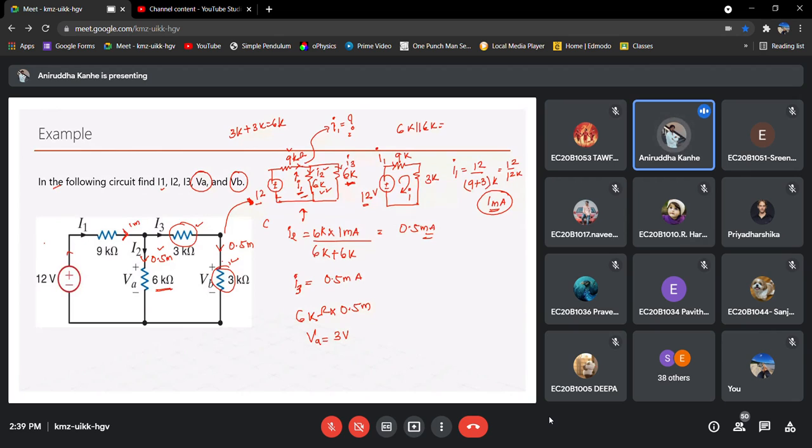And you are interested in the drop across the resistance. So the current you know, and hence VB will become 3K into 0.5 milli, which comes out to be 1.5 volts. Okay. So I hope this is clear to everyone how to solve for such a simple circuit.